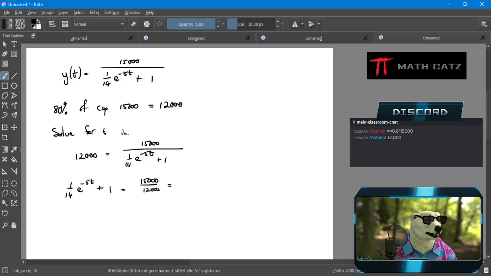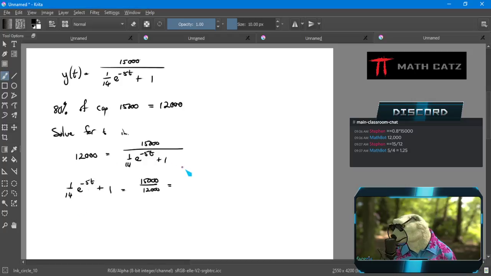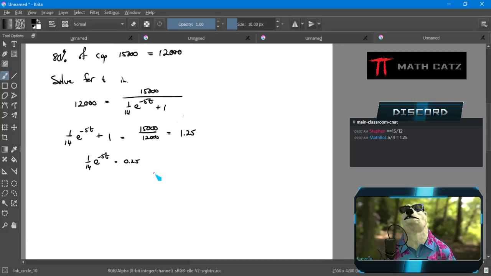Let's simplify that to 1.25. That's a little nicer. And so 1 over 14 e to the negative 5t, subtract 1 on both sides, is 0.25. Therefore, e to the negative 5t is 14 times that.